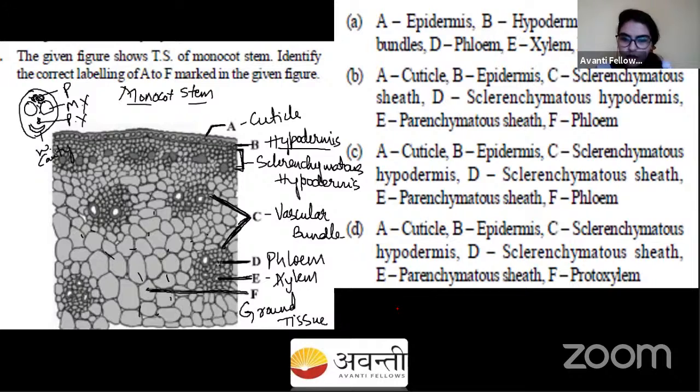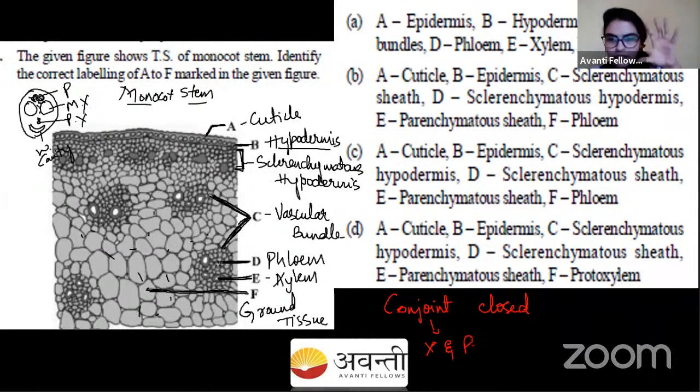So the vascular bundle is conjoint, closed. Very good, Chiran. Conjoint because xylem and phloem are together in one bundle. But they are not collateral. What is collateral?